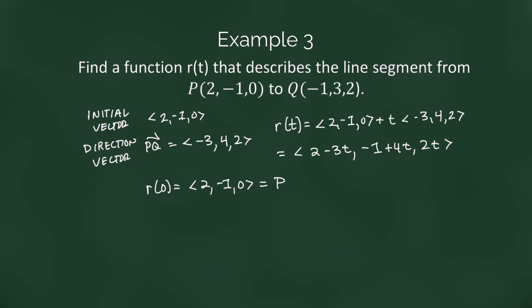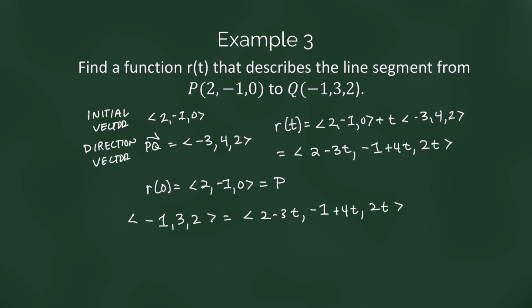We want to find out for what value of t do we land at q. So we're looking to figure out, when does negative 1, 3, 2 equal our function? And we can just look at that from a component perspective.